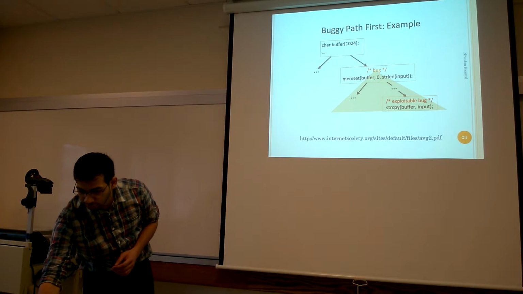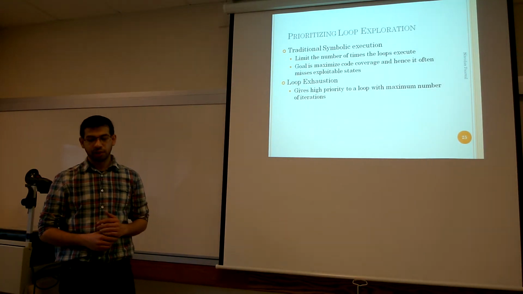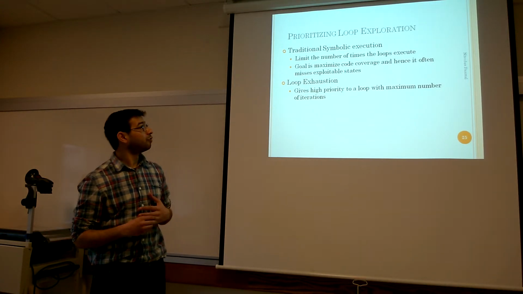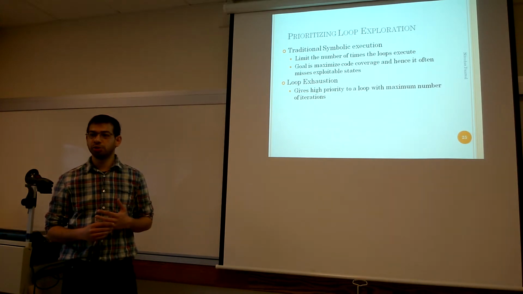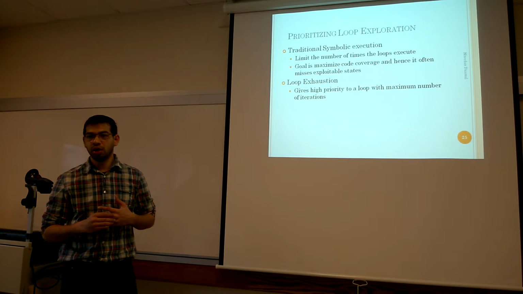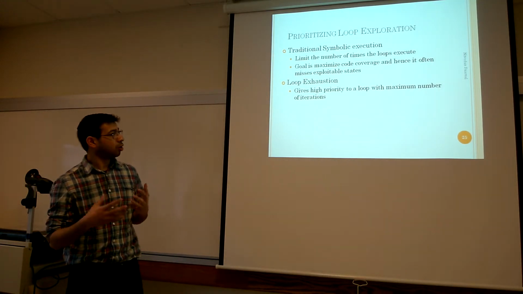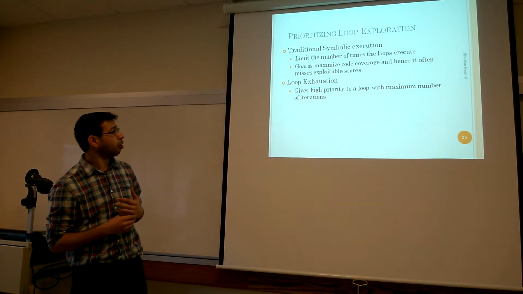So, moving on. Later on they mentioned how to explore the loops. Earlier we have seen that in traditional symbolic execution, loops had this problem of path explosion. They've tried to explain how traditional symbolic execution has tried to mitigate that problem.